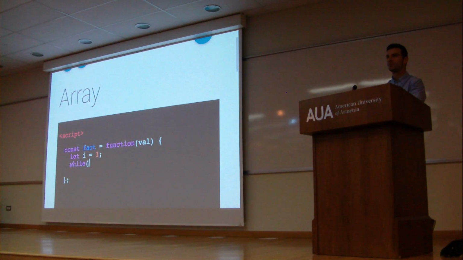Okay, while. You want to do a for? Okay, let's do the while, then we'll do the for, because everyone loves while. While i is... No, not i. Less than val.